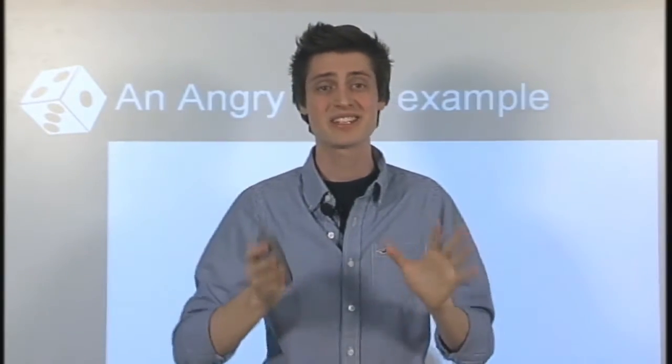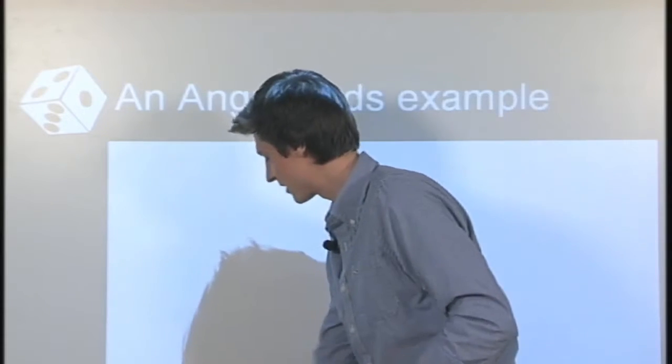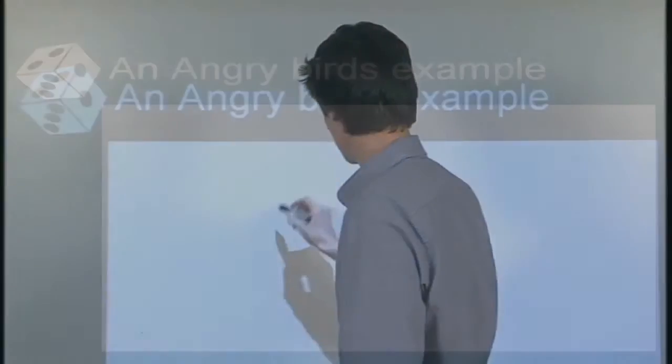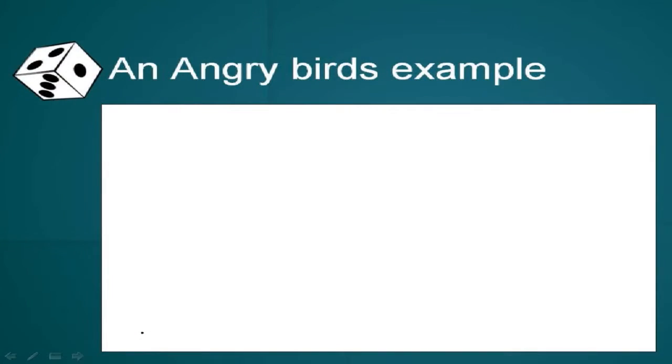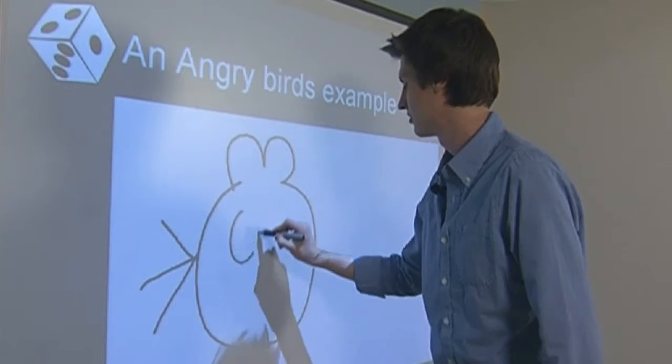Okay, let's see an example with Angry Birds to make everything more clear. So now you're going to see my terrible drawing abilities, but just figure it out that this is the red Angry Bird here. And this is the game Angry Birds.